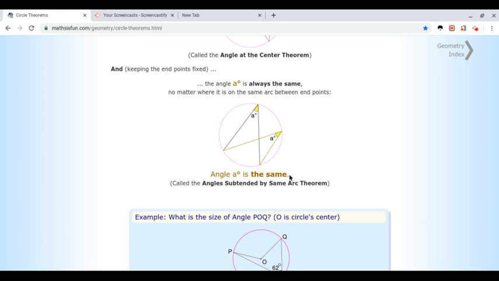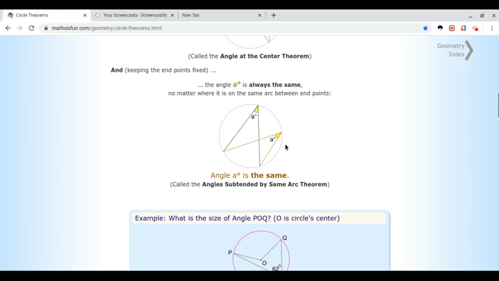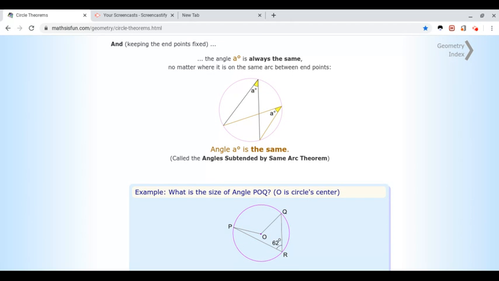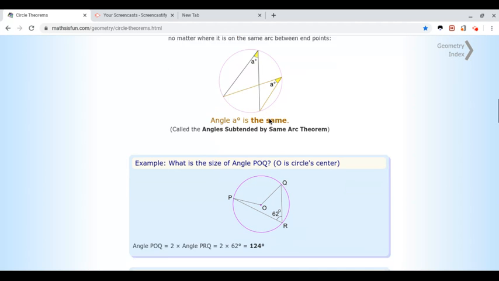In your textbook, I believe it's called a little bit differently, but I'll go over it a little bit later. It just shows that these two angles are the same, because across from this angle is this arc, and here it's the same arc, right? So that's why these angles are congruent.